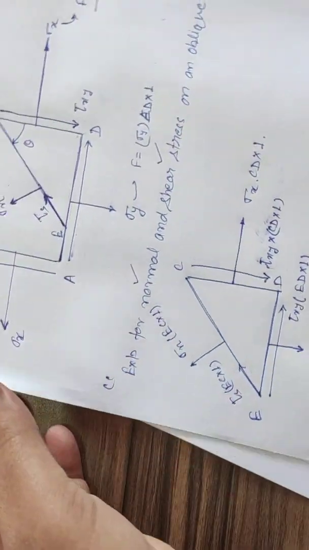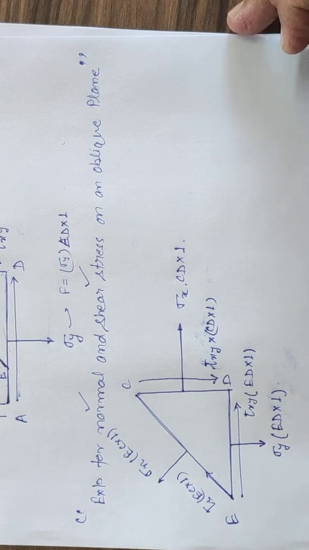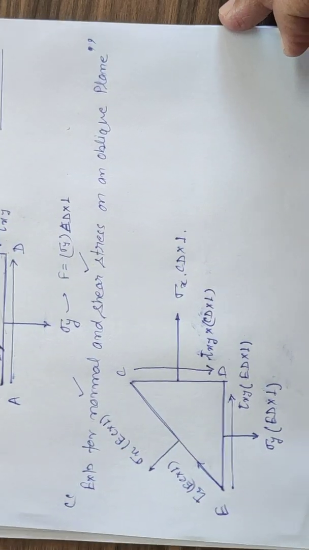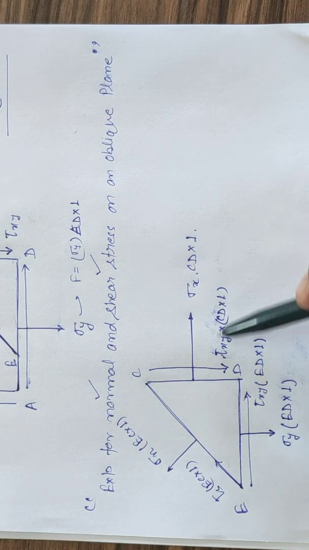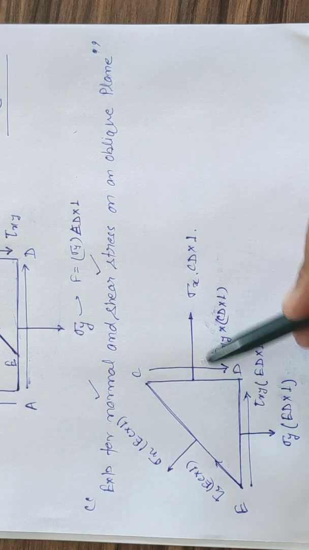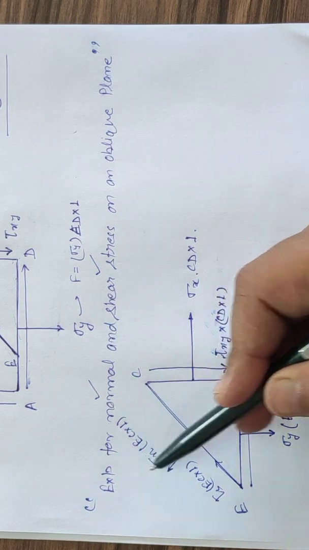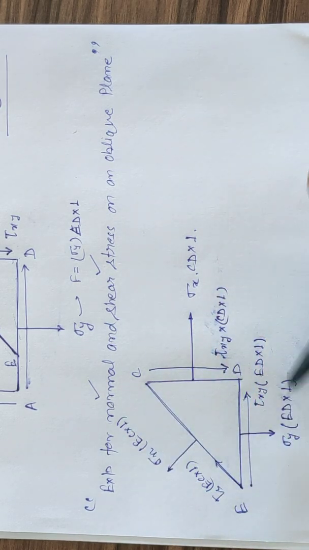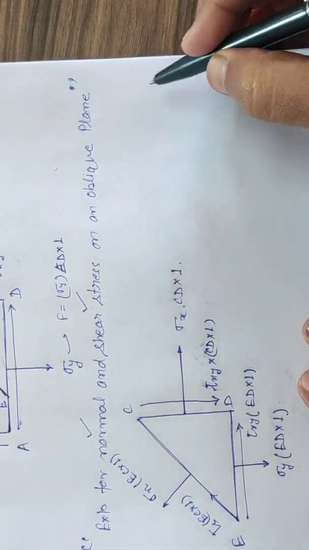So we have taken all the forces acting on the member ECD: force due to tau xy, force due to sigma n, and so on. Now the member is in equilibrium, so we will draw all the forces.